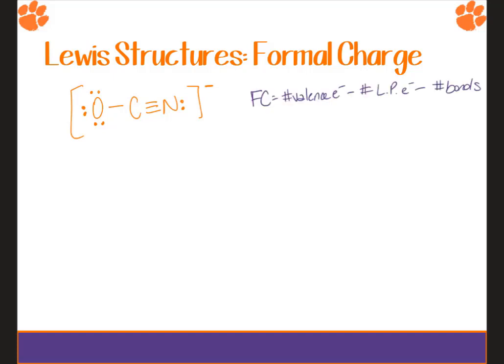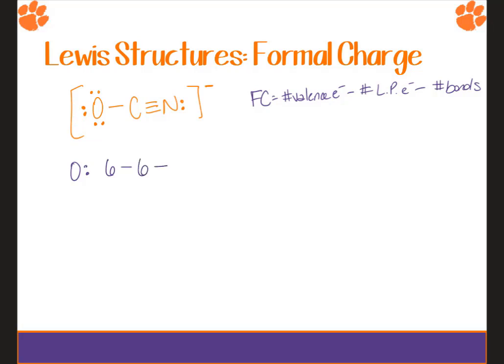So let's go through and calculate them one by one. We're going to start with the oxygen. Oxygen is in group 6A in the periodic table, so it has 6 valence electrons. So 6 minus the total number of lone pair electrons drawn on the oxygen. Here we have 1, 2, 3, 4, 5, and 6, so we're going to subtract 6.